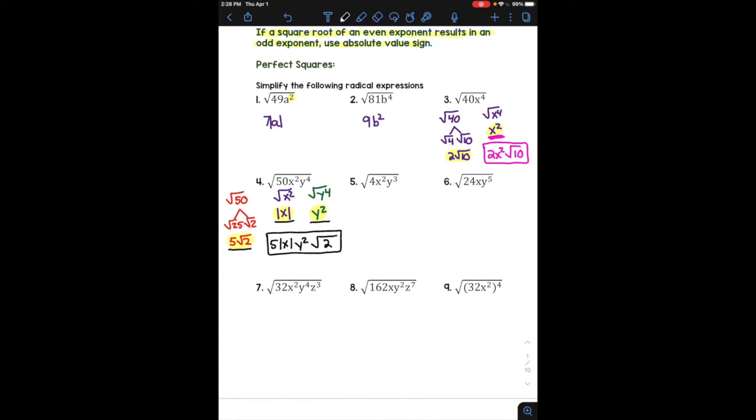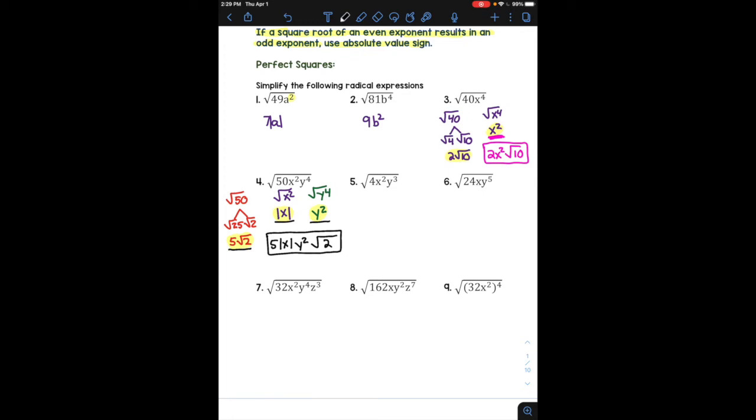Moving on to problem number 5, we're now going to hit variables with an odd exponent which we can simplify taking the square root of. Although it's not a perfect square, just like in the last 2 problems when we had the square root of 40 or the square root of 50, we could also simplify the square root of a variable that's not a perfect square.